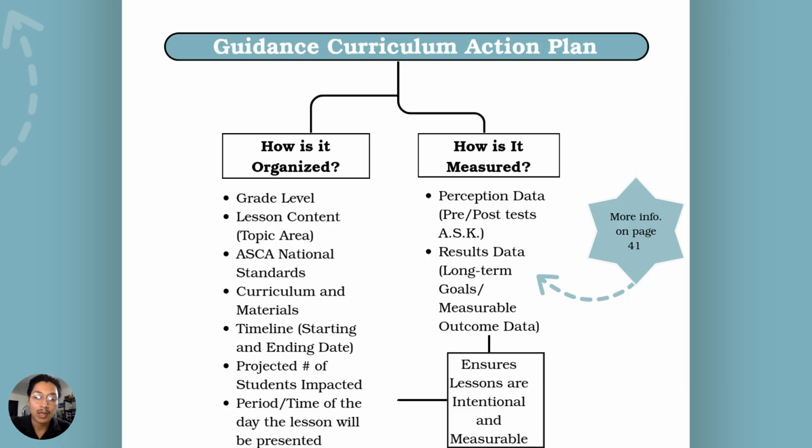Results data are the long-term goals, the measurable outcome goals, the numbers we want to share with admin because they make an impact: suspension rates, behavioral rates, or incident reports we can pull up. That's a bigger outcome goal, the bigger picture.